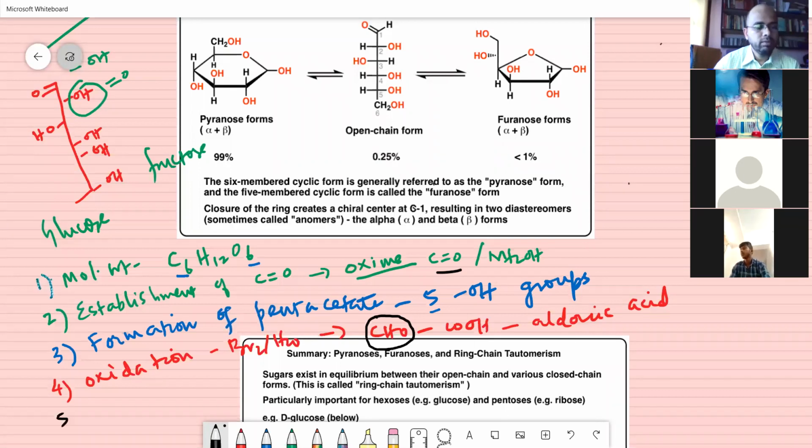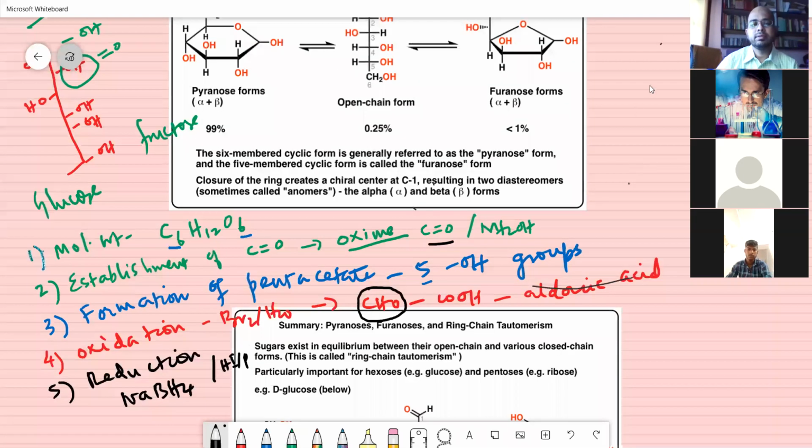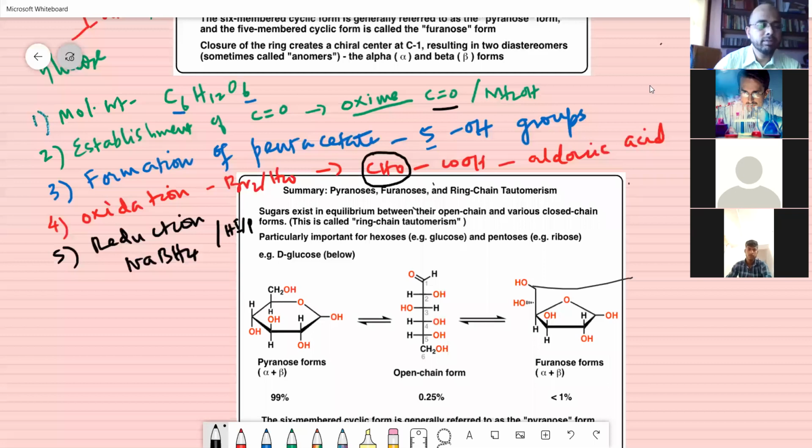The next one was the reduction reaction. I think we used sodium borohydride, and also we used HI, hydrogen iodide, in the presence of phosphorus. What do we get from this?